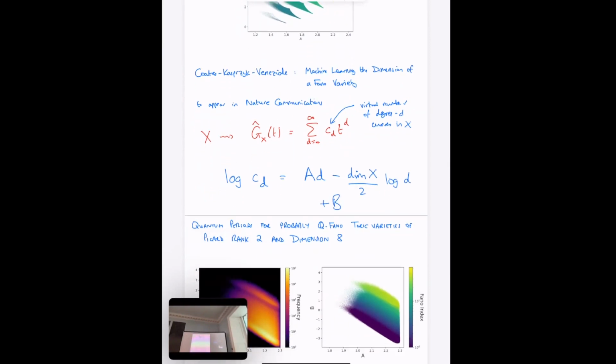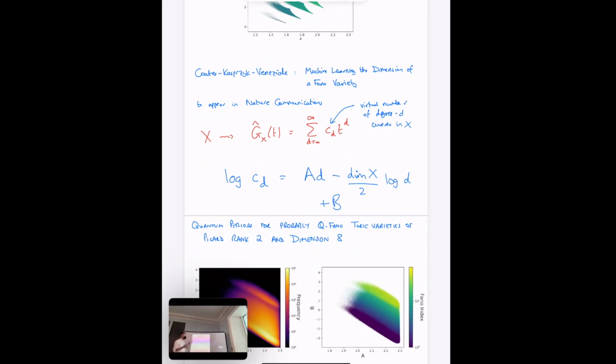So you can imagine taking a Fano variety and looking at the two numbers that control the rate of growth of the genus-zero Gromov-Witten invariants of X.